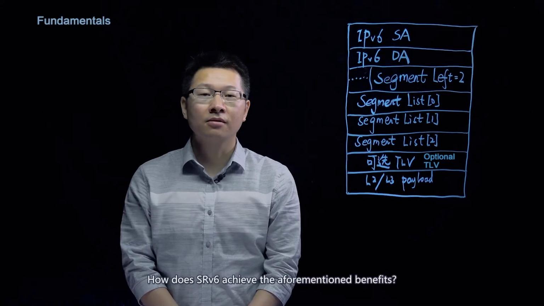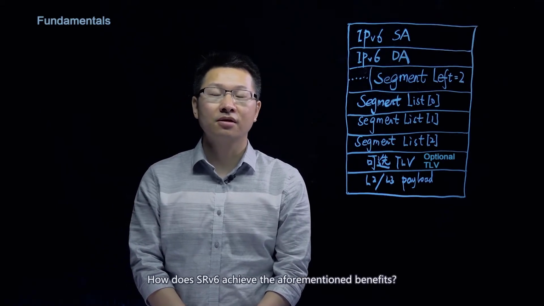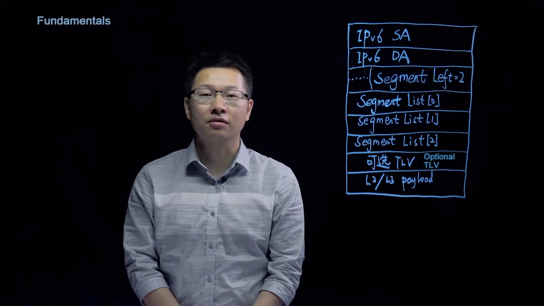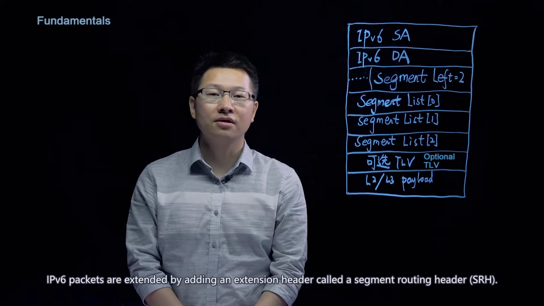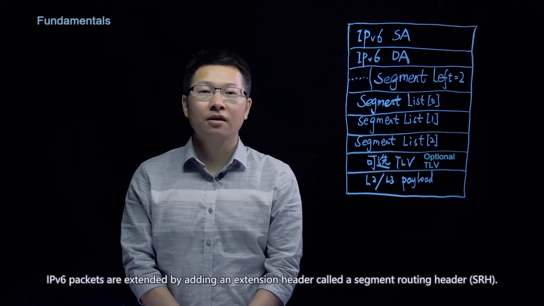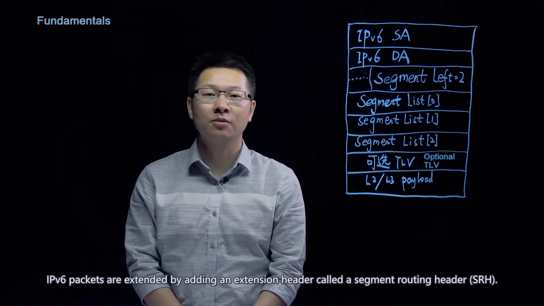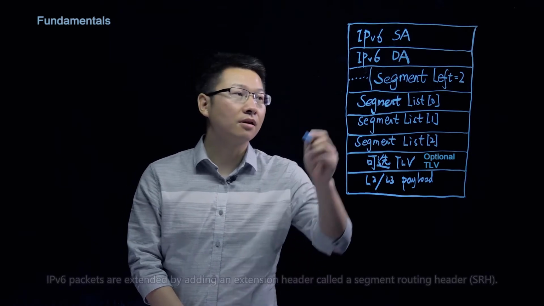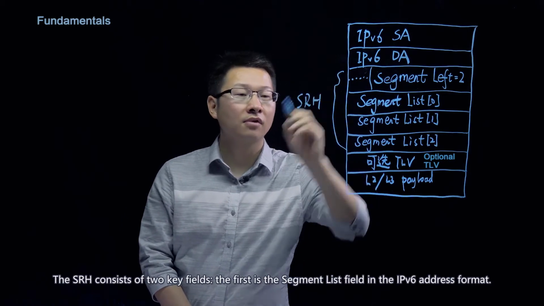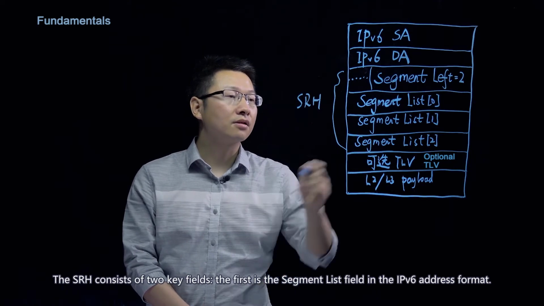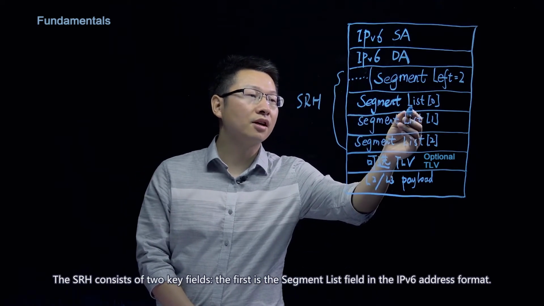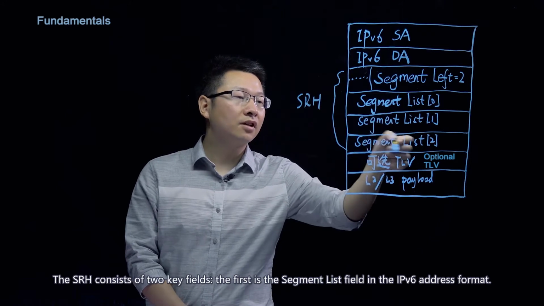How does SRv6 achieve the aforementioned benefits? IPv6 packets are extended by adding an extension header called a segment routing header, or SRH. The SRH consists of two key fields. The first is the segment list field in the IPv6 address format.